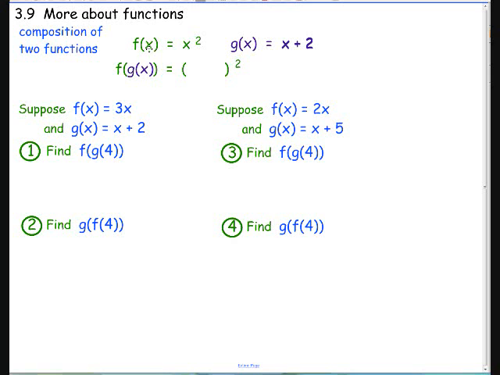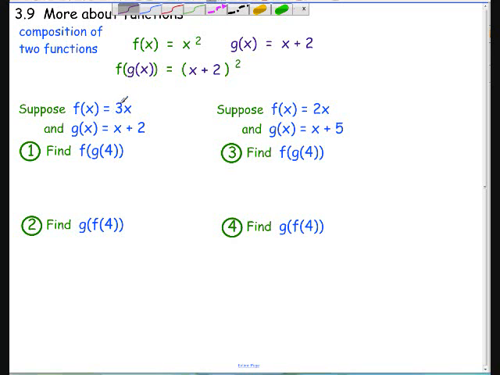Here my input was x, and I squared it, so if I put in function g, what am I going to do? I'm going to square function g, and function g is x plus 2. Okay. All right, let's try some of these.